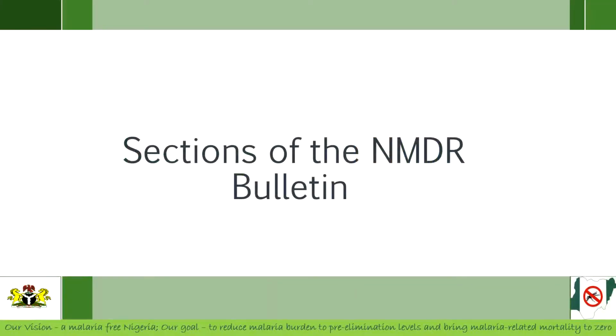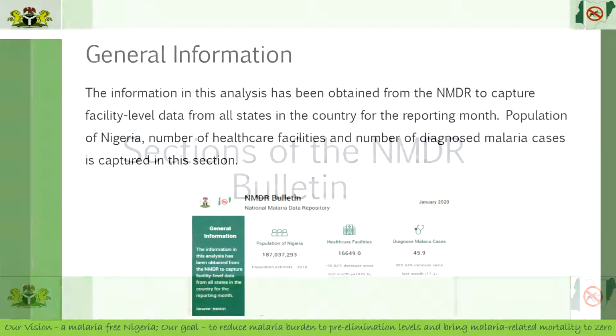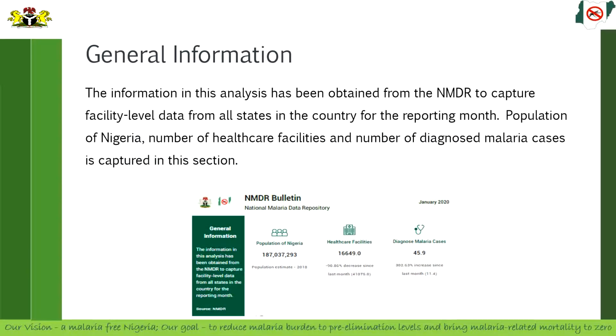Now, looking at the sections of the NMDR bulletin, like I mentioned earlier, we have the general information section. This is very simple. If you look at what makes up the general information section, you will see the population of the country. Remember, this bulletin is looking at the 36 states plus 1.